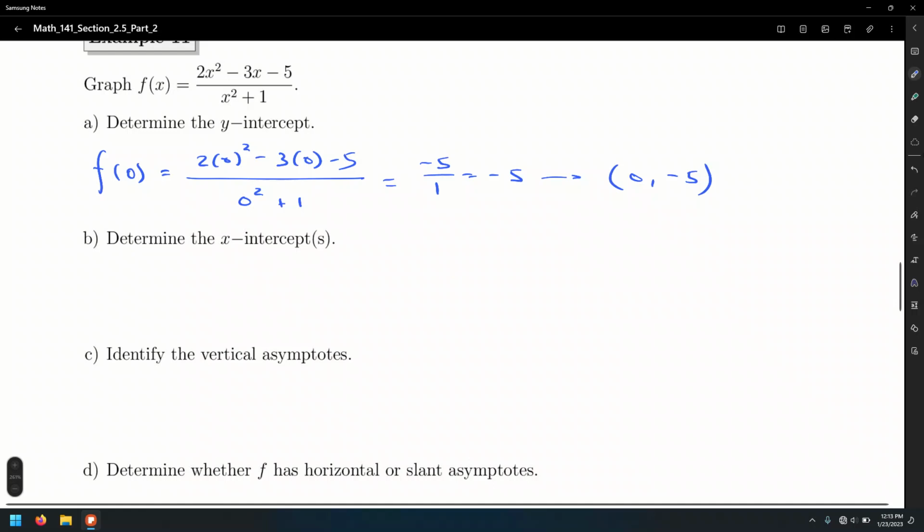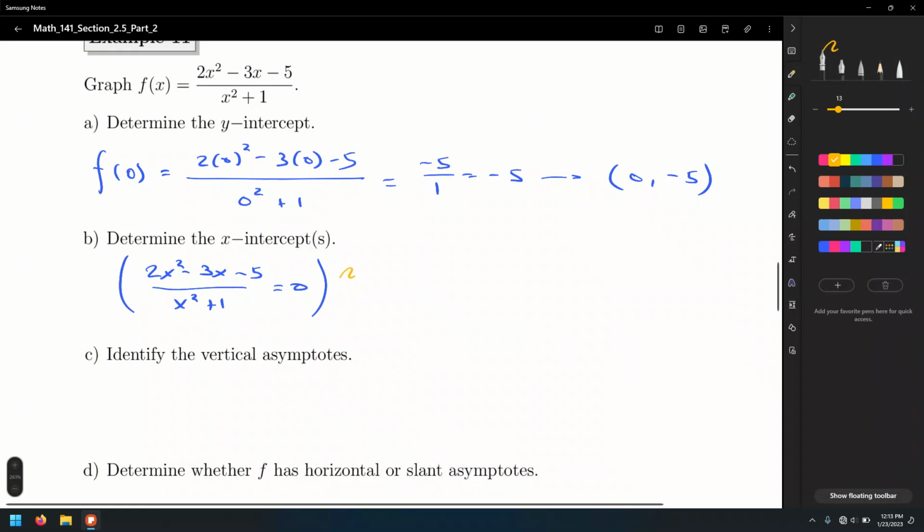So that is, set the function (2x² - 3x - 5) over (x² + 1) equal to 0, and multiply both sides by the denominator to simplify the equation, to turn that rational equation into a polynomial equation. And well, notice how things cancel over here. That's going to lead us to the equation 2x² - 3x - 5 = 0.